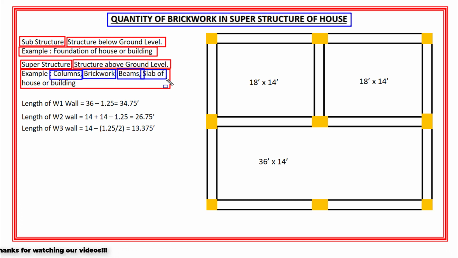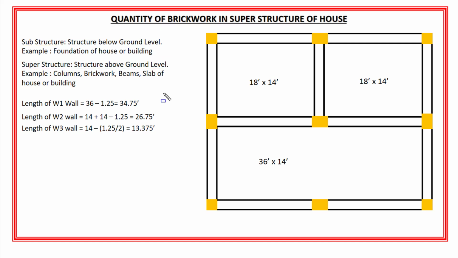Whenever you hear about substructure and superstructure, you should know their meanings and also how to identify the substructure and superstructure in a house or building. Now let's talk about the main topic of today's video, which is how to calculate the quantity of brickwork in superstructure of a house.